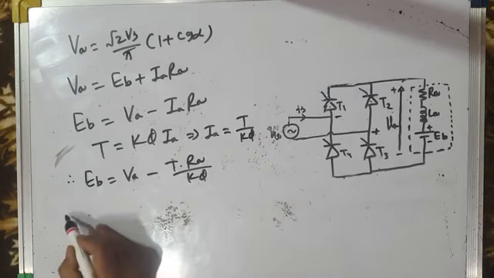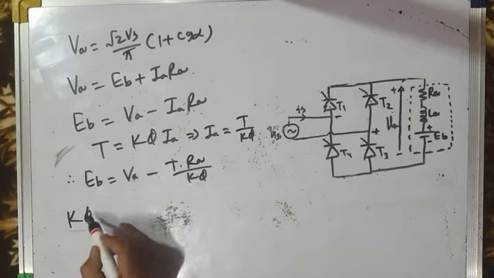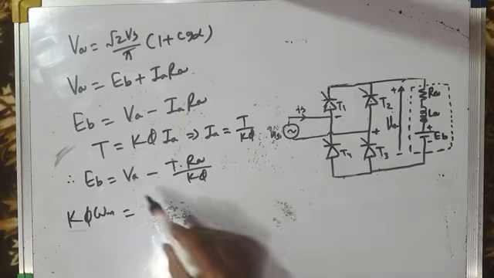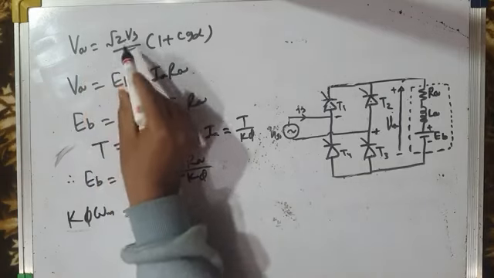And Eb is equal to K phi omega. We know that back EMF is K phi into omega m. It is equal to Va. What is average armature voltage, or average load voltage? It is given by this expression.